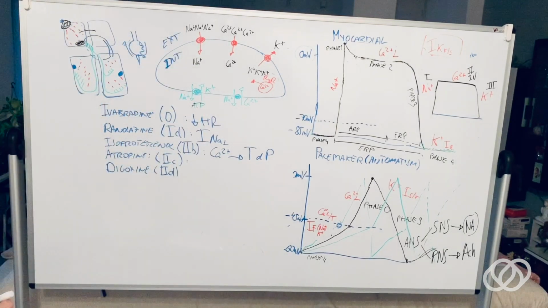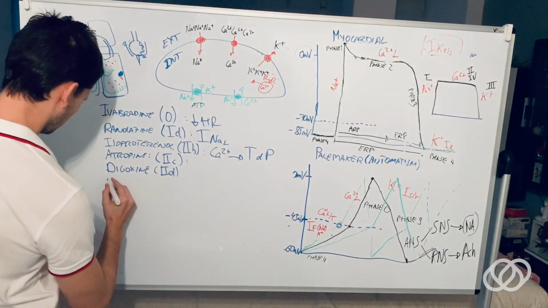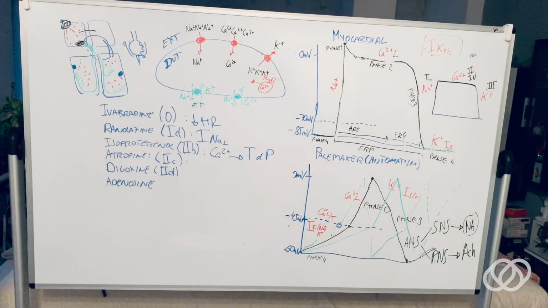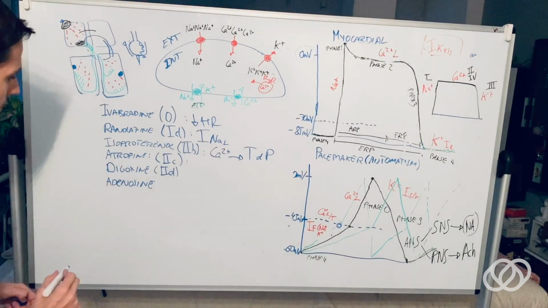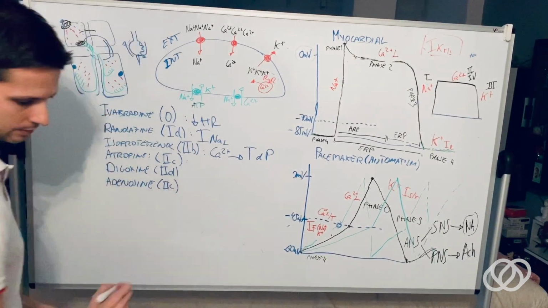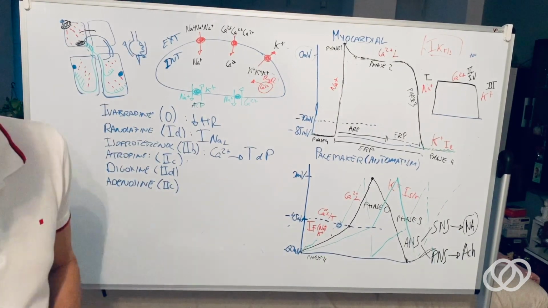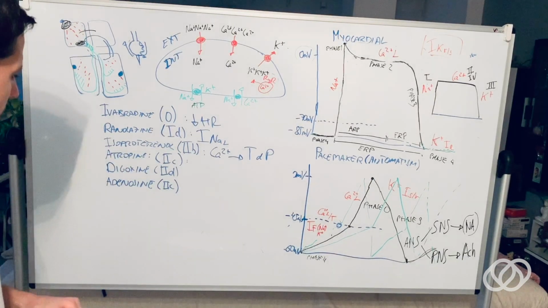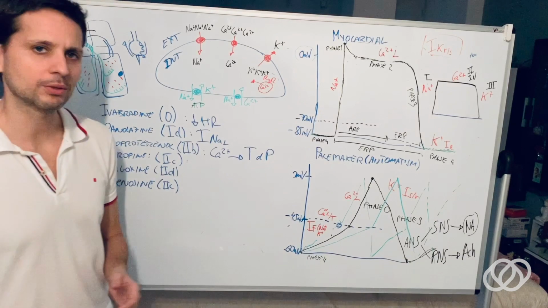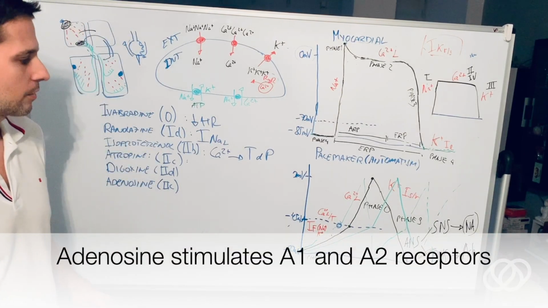The next one will be adenosine. Adenosine could be in the 2C, an anti-arrhythmic drug. Adenosine acts on some particular adenosine receptors.